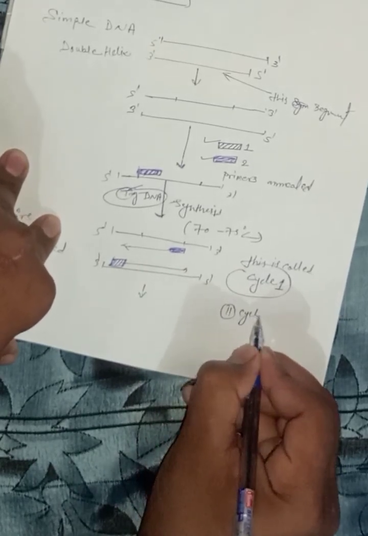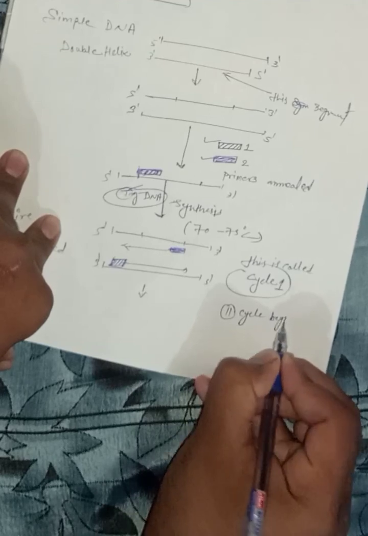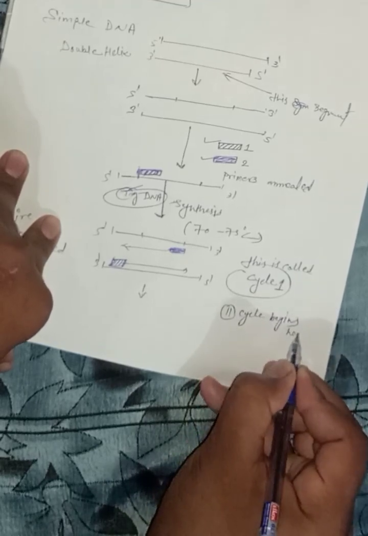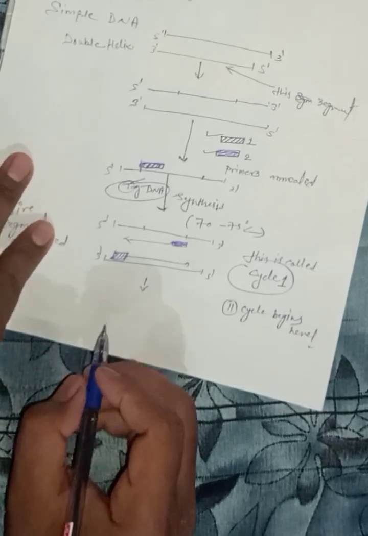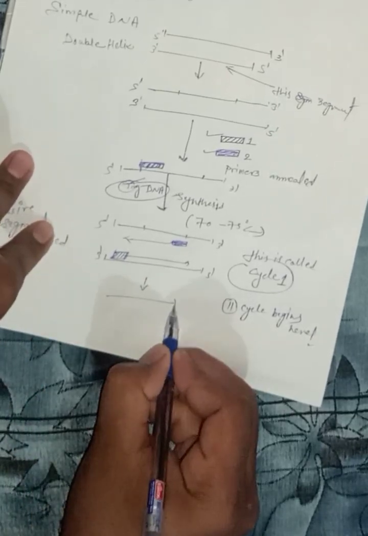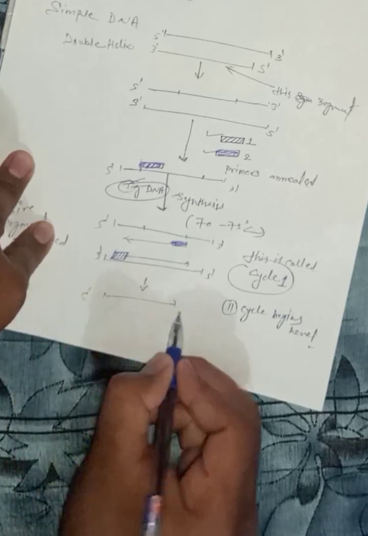The second cycle begins here, with this DNA segment, 5 prime, 3 prime.